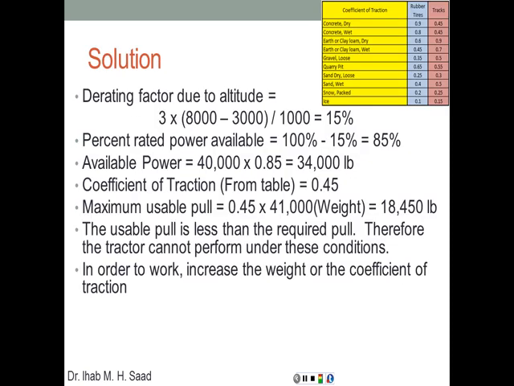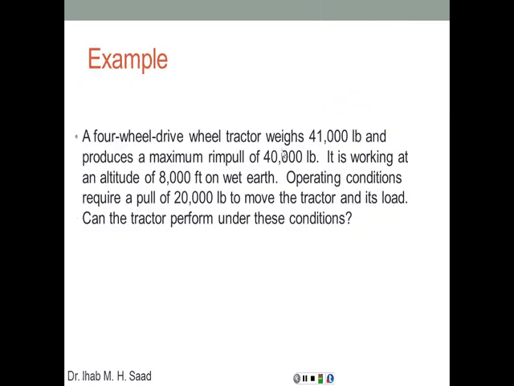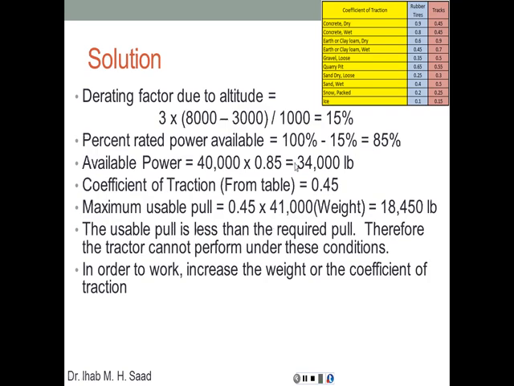So first of all, we look at the derating factor. We have 8,000 feet minus 3,000 times 3, so 5 times 3, which gives 15%. So the percent rated power available is going to be the power that was given here, which is 40,000 pounds times 85%.